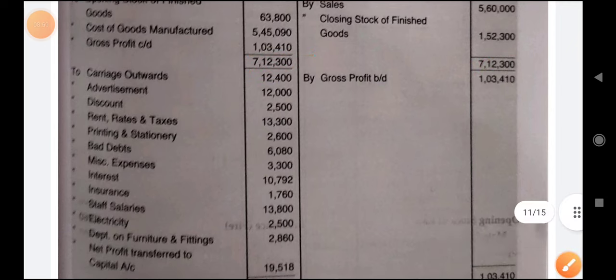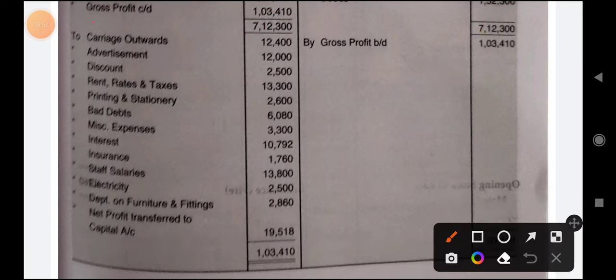This trading account gross profit will be transferred to P&L account by gross profit brought down, and all indirect expenses will come under P&L account. Carriage outward 12,400, advertisement 12,000, discount debit, that is discount allowed 2,400, rent taxes 13,300, printing and stationery 2,600, then bad debts 6,080 rupees.